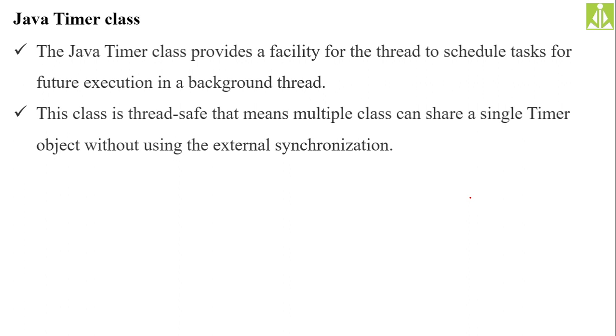I can schedule that with a thread, by scheduling the task with the help of this timer class. Hopefully you understood what I mean by scheduling a task inside the computer.